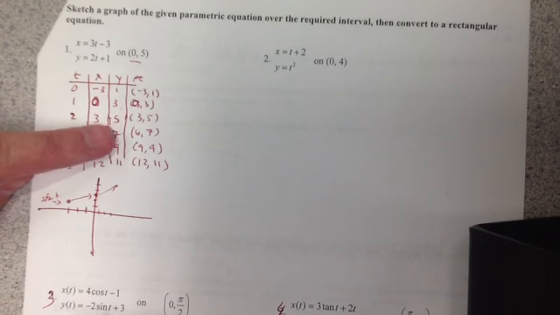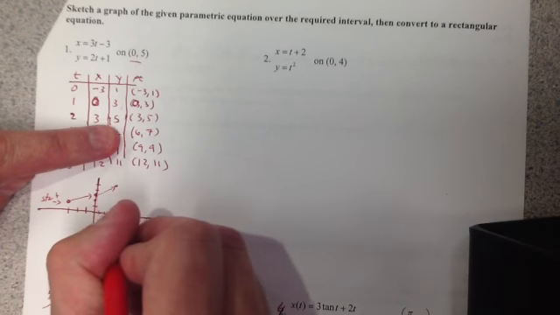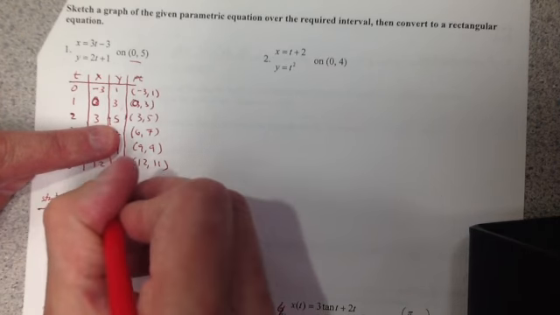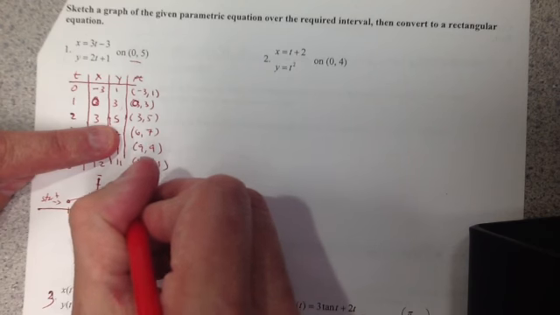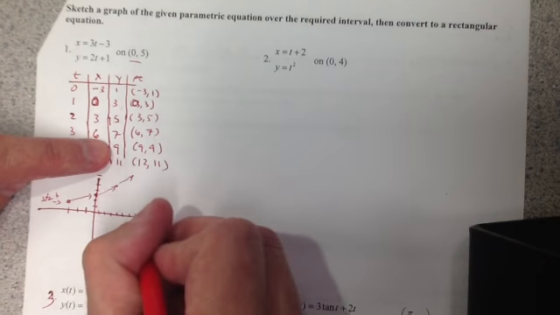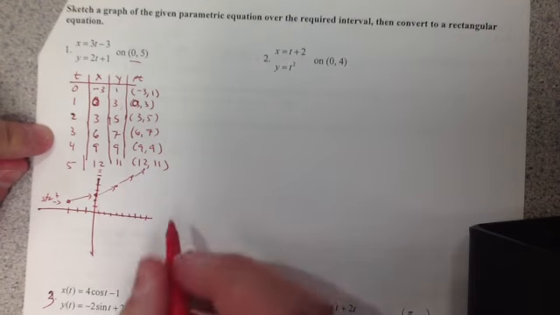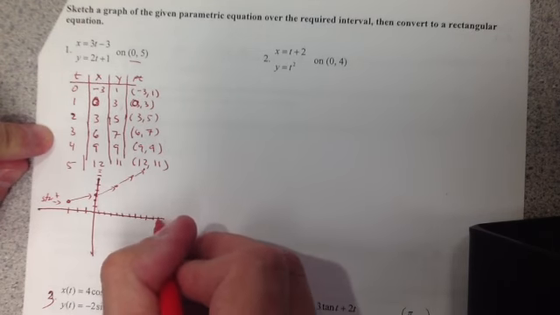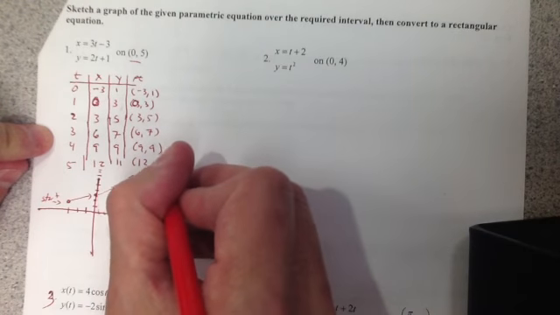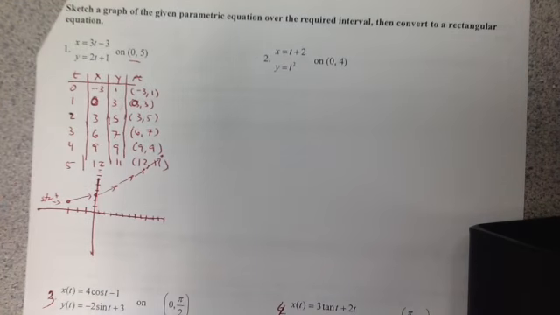At 6, 7. At 9, 9, right here, and so on and so forth. And at 12, 11, there it is, 12, 11. And I get a graph.